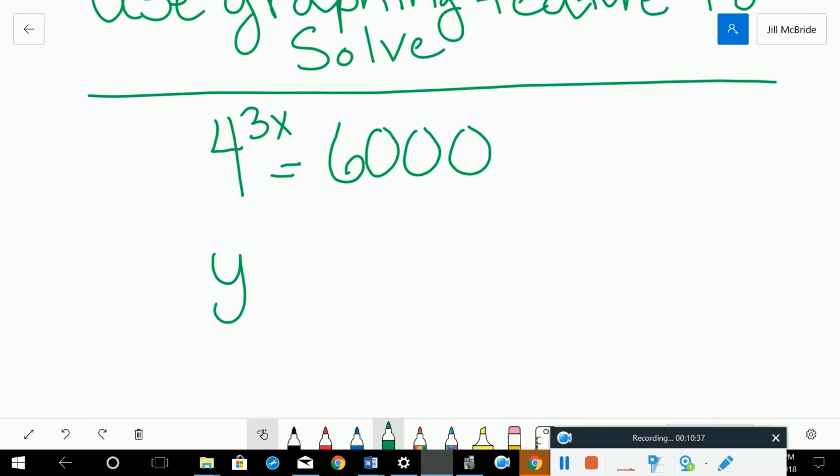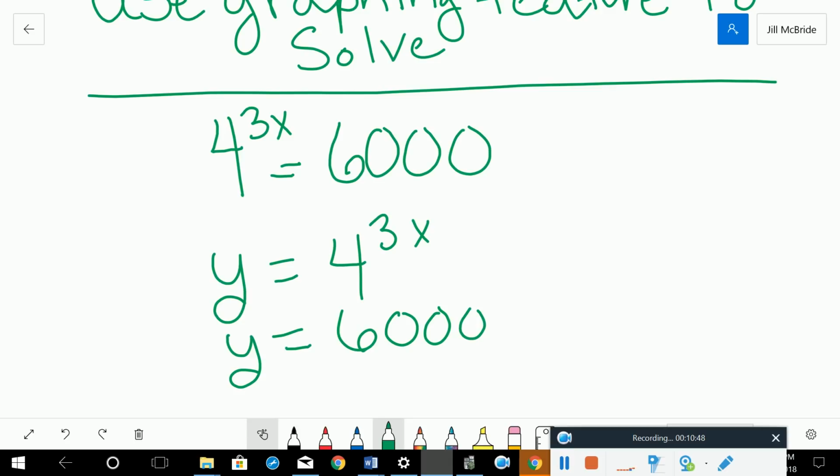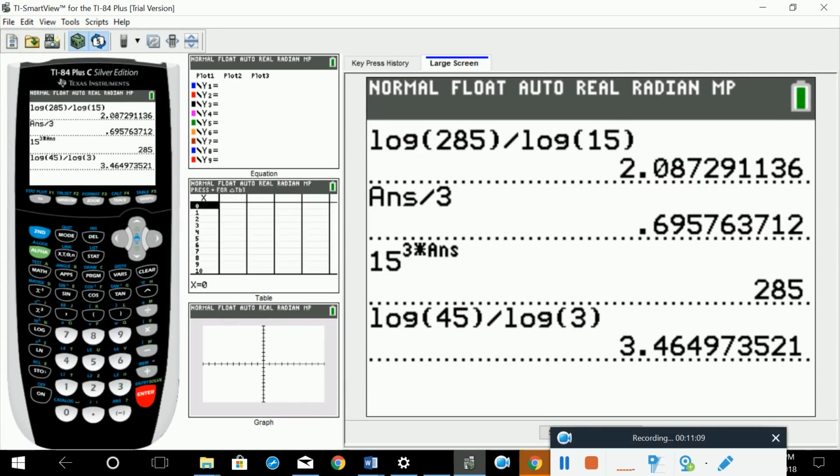I'm going to graph y equals 4 to the 3x, and then I'm going to graph the horizontal line y equals 6,000. And when I do that, I'm going to find where the two graphs intersect. Okay, the point where the two graphs intersect is going to be the point where 4 to the 3x equals 6,000. So let's go to our graphing calculator.